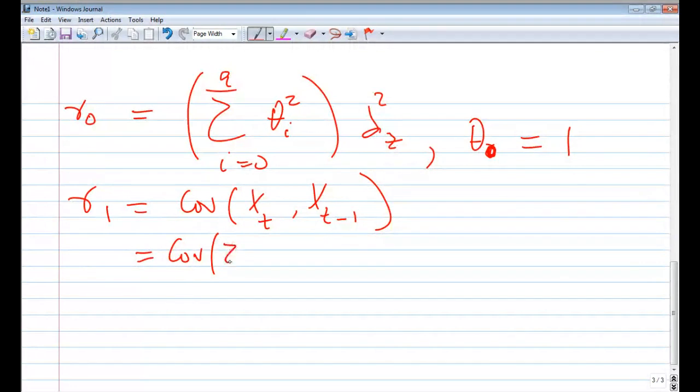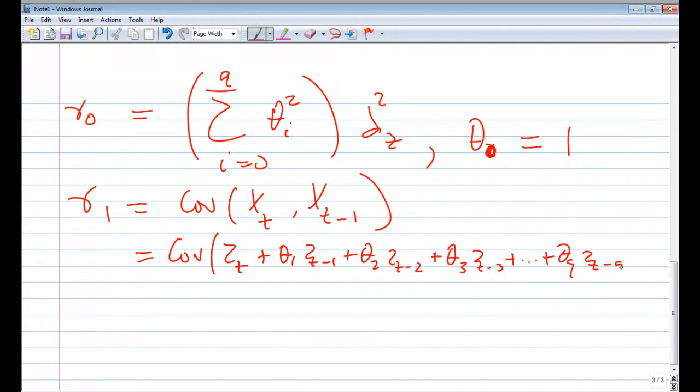Xt is zt plus theta 1 zt minus 1, plus theta 2 zt minus 2, plus theta 3 zt minus 3, plus ... theta q zt minus q. Okay, that's xt.